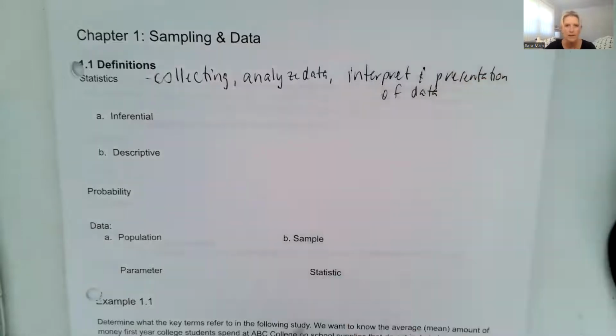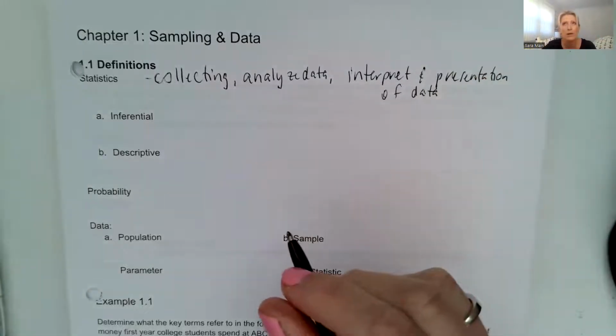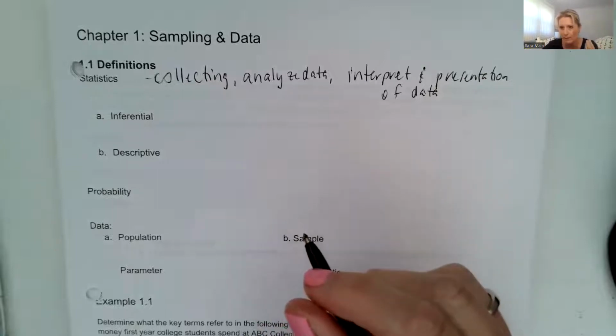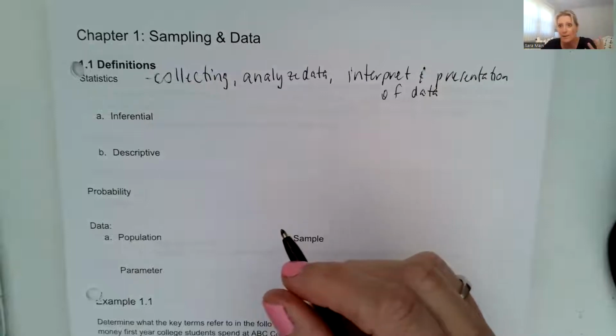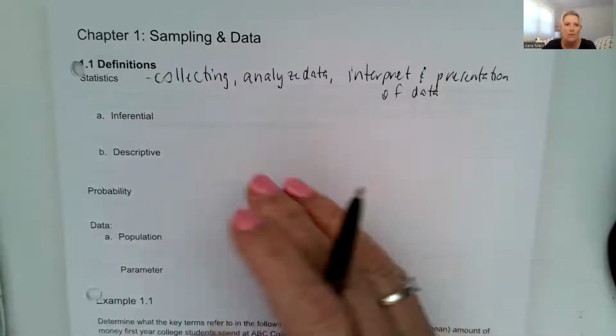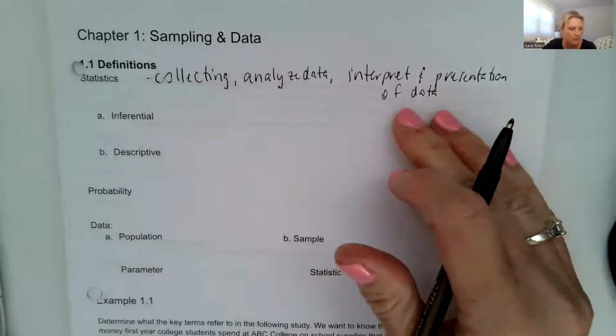Sometimes we talk about statistics like it's a noun, a thing. Sometimes we talk about doing statistics like it's a verb. And sometimes we talk about statistics like describing something, as an adjective. Like I said, we're going to be thinking about statistics in all of these different ways this semester.